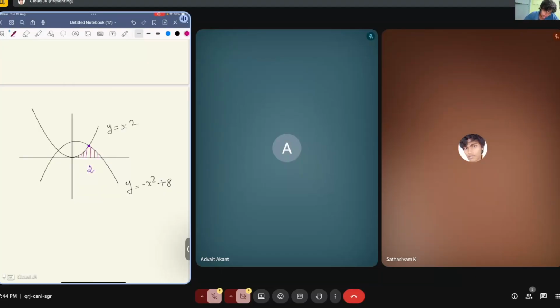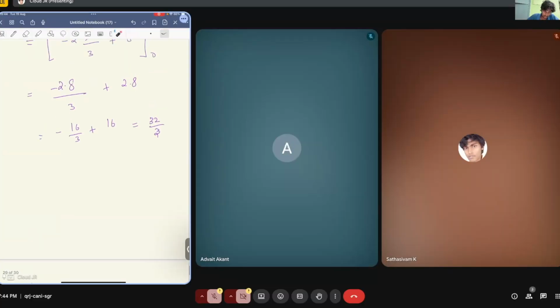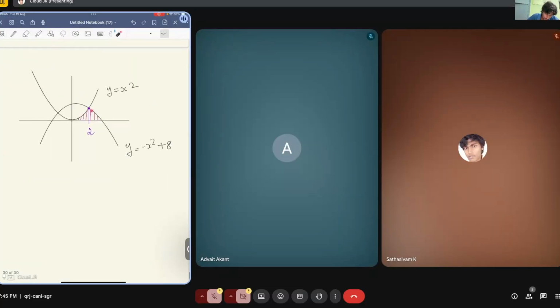Some of the things that we already know: we know the intersection here, which is 2, and we also know the area of this part. This part's area is basically 32 by 3. We just need to find this area, right?